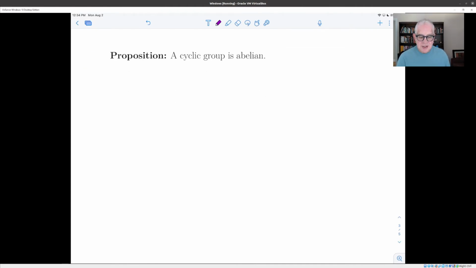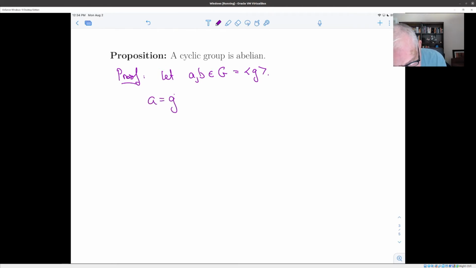Next, we make the observation that if you have a cyclic group, it's abelian. Remember, abelian means the multiplication is commutative. And to prove this, we have to show that if we choose two elements A and B in our group G, which is generated by some element little g, that tells us that A is a power of g and B is a power of g, for integers r and s.